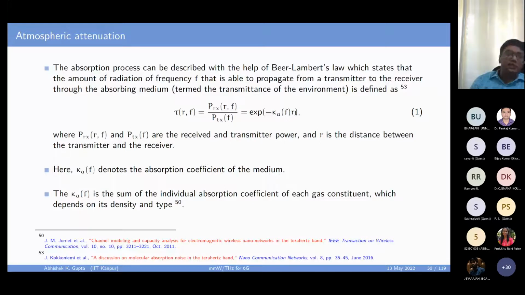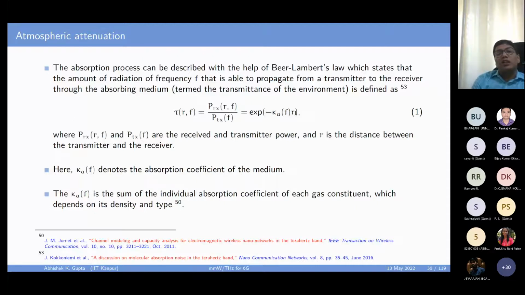As you increase the distance, this attenuation increases exponentially. And this is also a function of f. This K_a, which we call the absorption coefficient of the medium, depends on the frequency. And this tau is also called the transmittance of the environment, and it's also a function of distance and frequency.